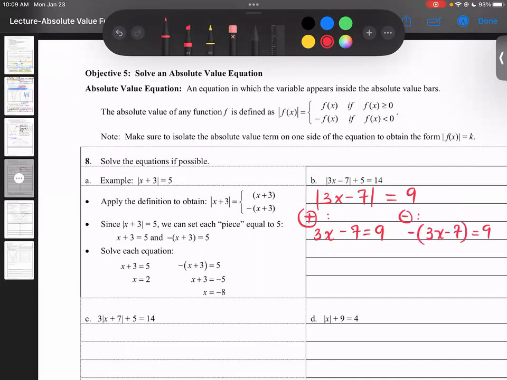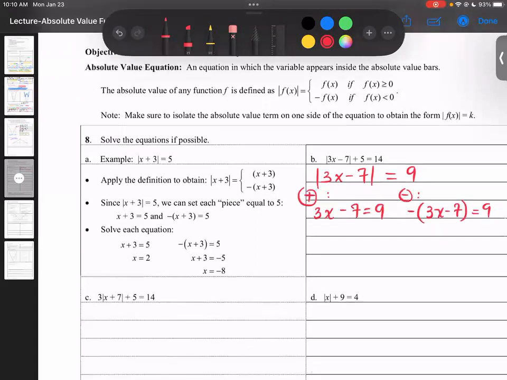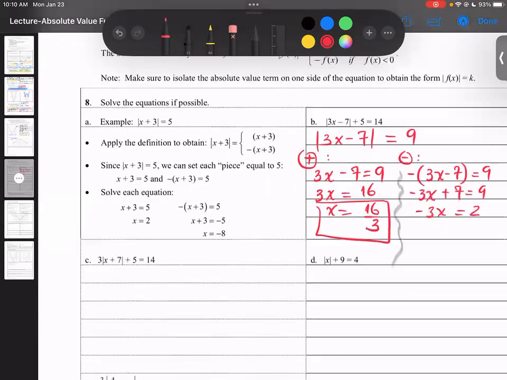Everyone knows how to solve a linear equation? 3x equals 16, x equals 16 over 3. That's one of them. Negative 3x plus 7 equals 9. Negative 3x equals 2. x equals negative 2/3.